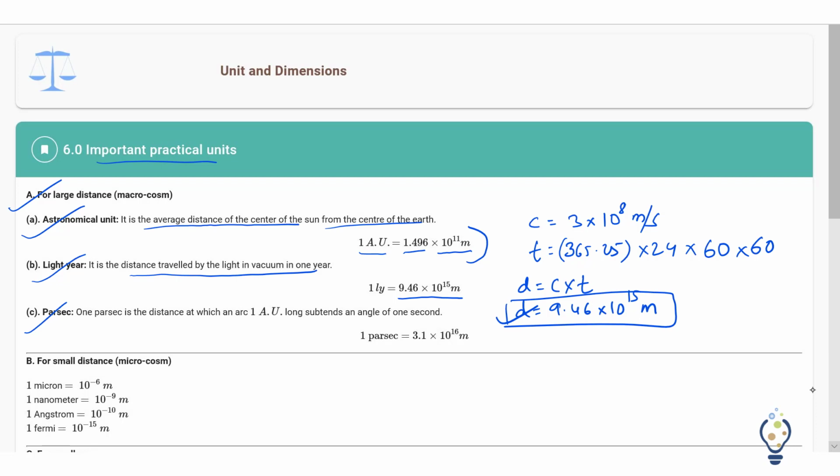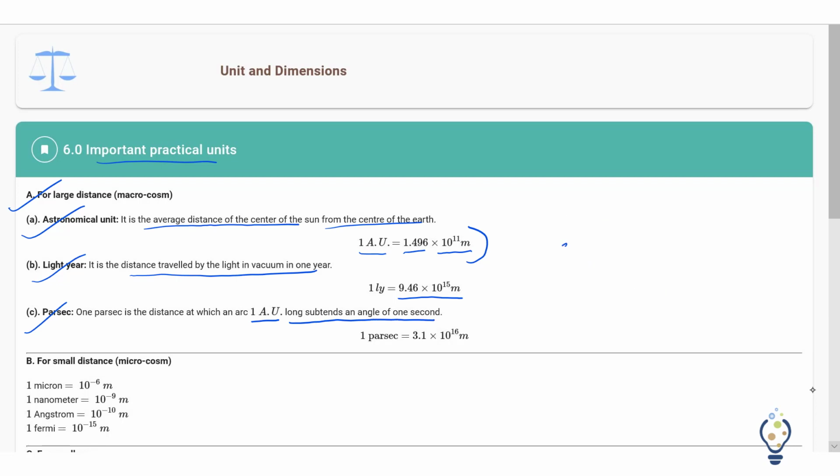Similarly, 1 parsec is the distance at which an arc 1 astronomical unit long subtends an angle of 1 second. So for 1 parsec, this is earth, this is sun, this is a distant star. This distance, as we know, is 1 astronomical unit.